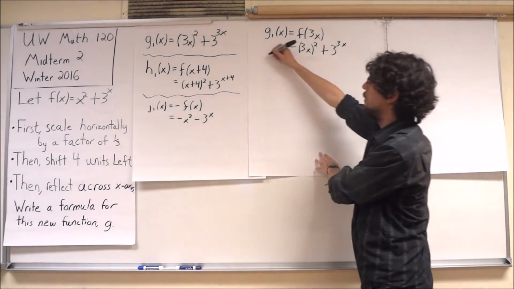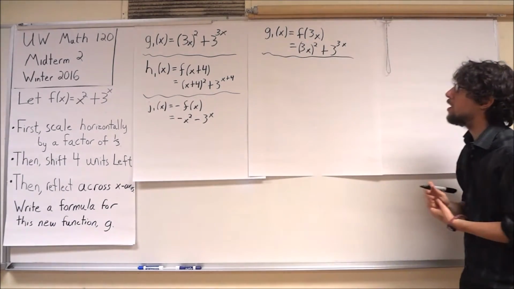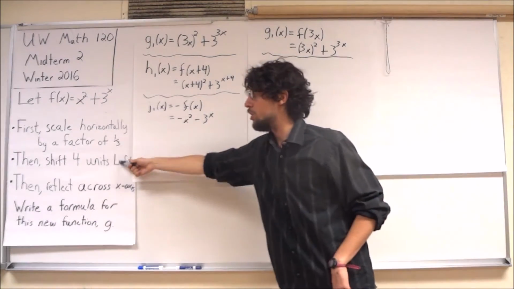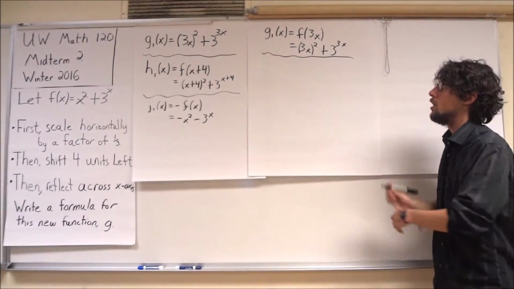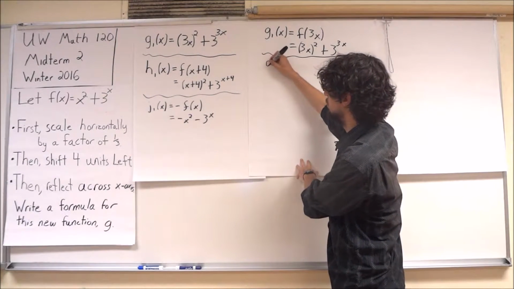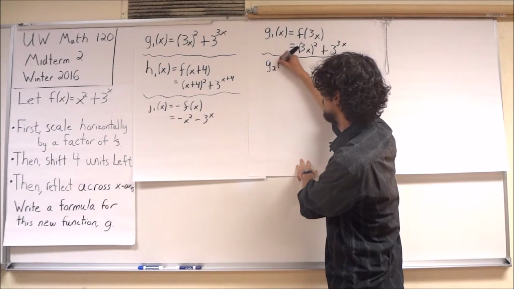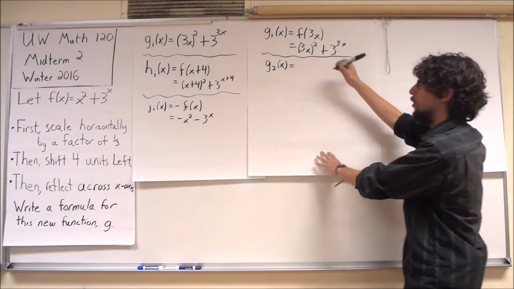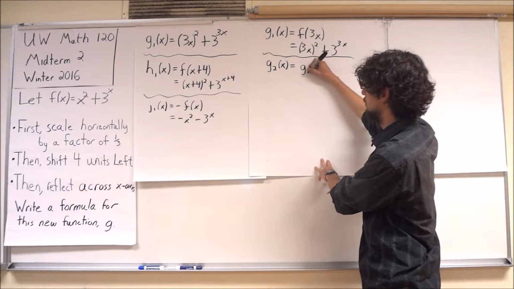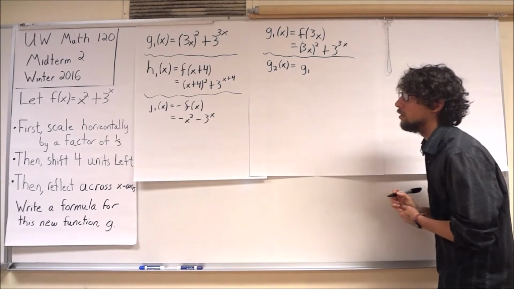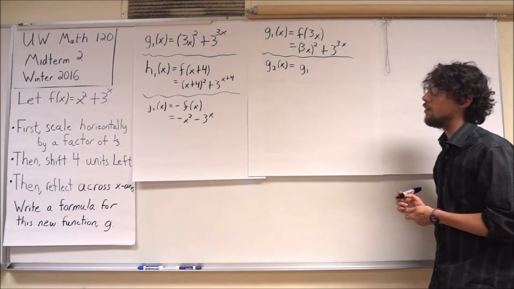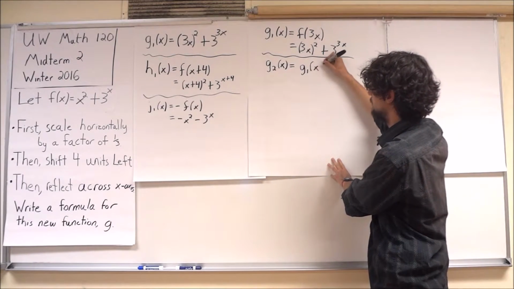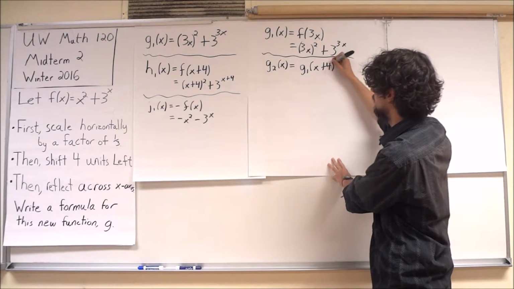Now, I want to take g1 of x and transform it. In particular, I want to shift it 4 units to the left. So my new function, g2 of x, will be my old function, g1, but this time, instead of with an argument of x, we'll have an argument of x plus 4.